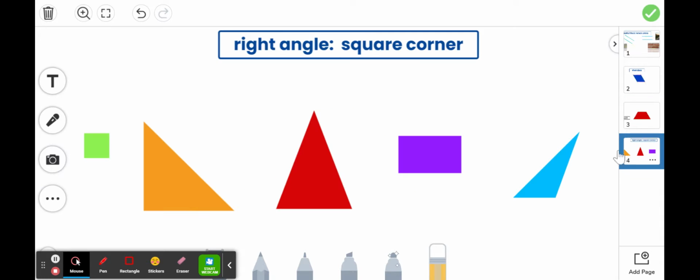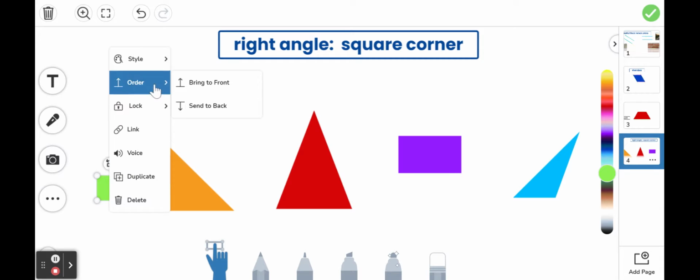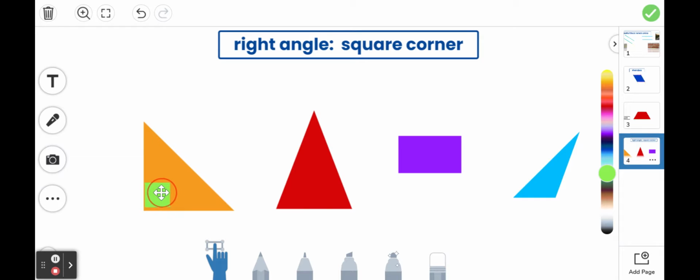We're going to talk about a right angle. A right angle is a square corner. So if I move this square, you can see there is no space.